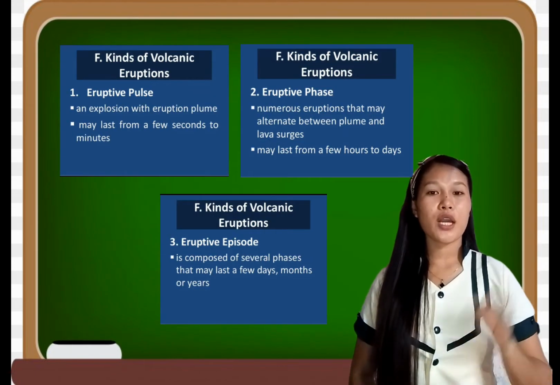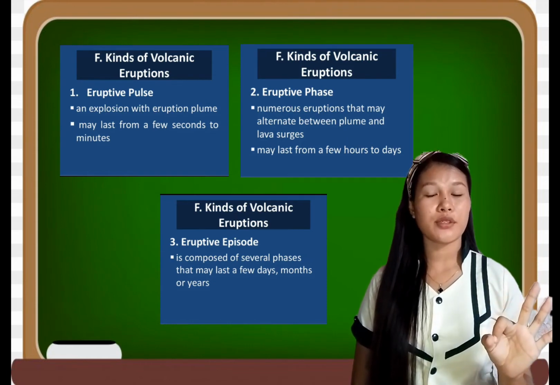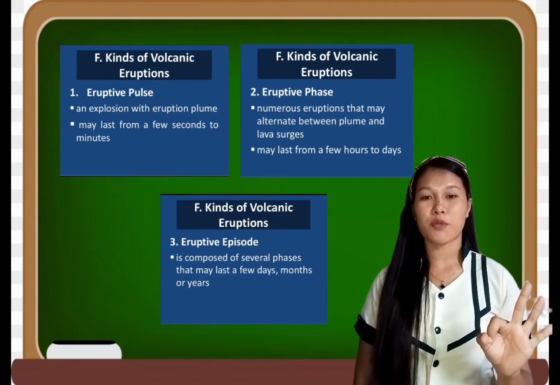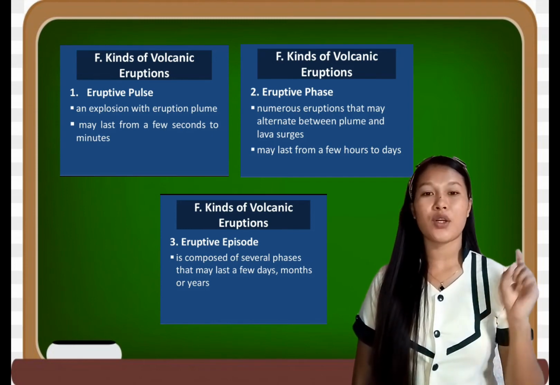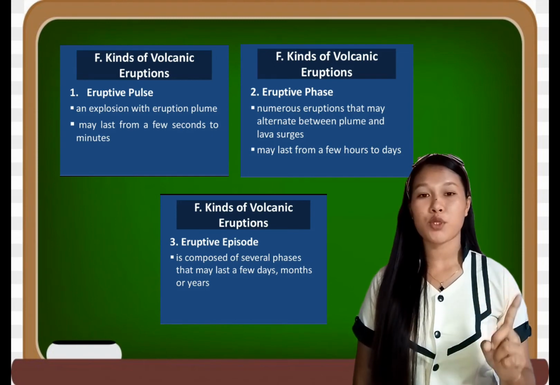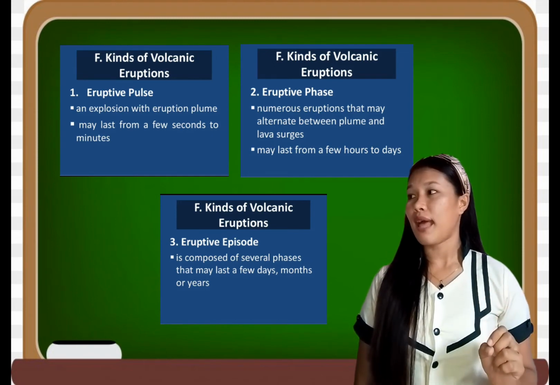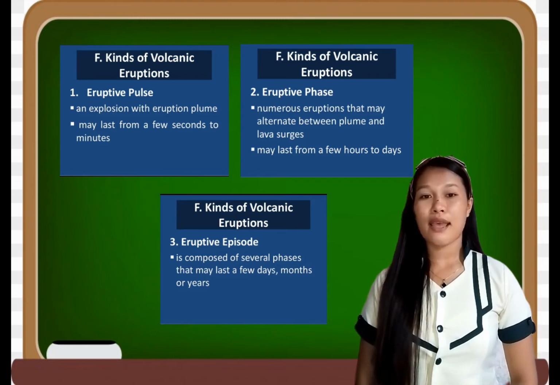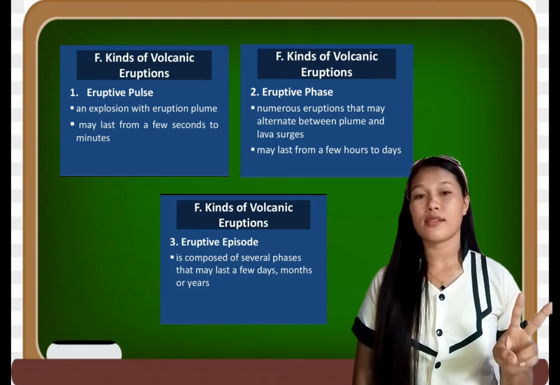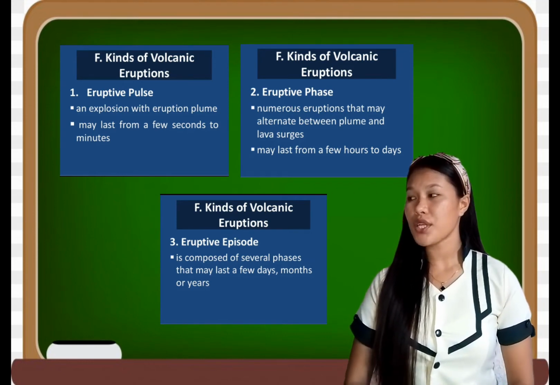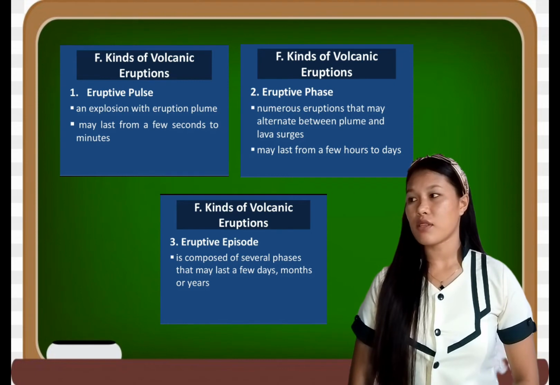Now, if there are three kinds of volcanoes, there are also three kinds of volcanic eruptions. The first one is the eruptive pulse. It is an explosion with eruption plume. It may last from a few seconds to minutes. The second one is the eruptive phase. It is the numerous eruptions that may alternate between plume and lava surge.